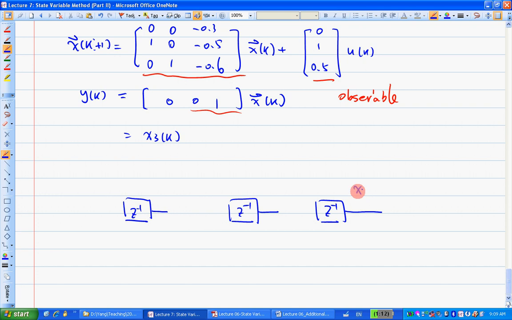So we're going to define this as x3 of k, this as x2 of k, and this as x1 of k. So this is your y of k. And what's in front of this x3 of k is x3 of k plus 1.